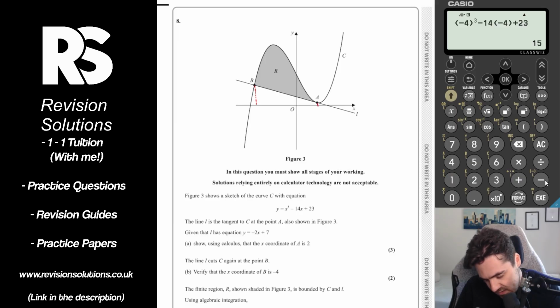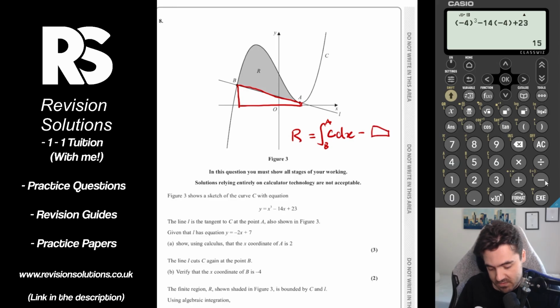And what we can see now is that produces another shape for us as part of this area. So it produces us a trapezium. So to get R, we can do the integral from B to A of the curve, and then we just need to take away the trapezium. So let's start with that.